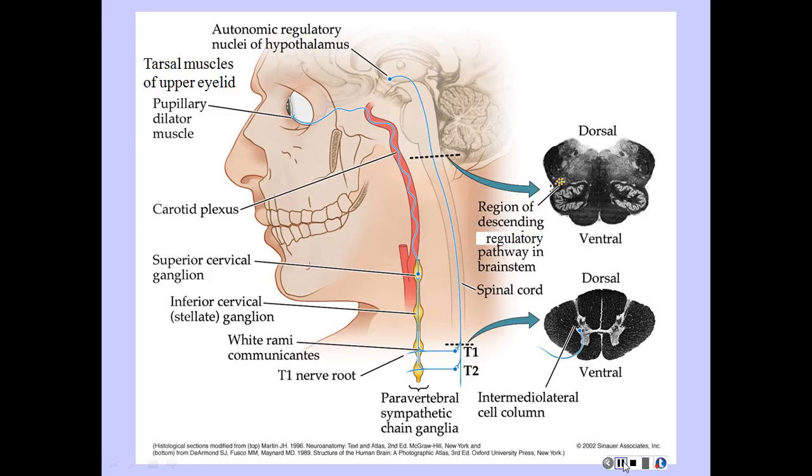That's great. But even these preganglionic sympathetic neurons are influenced by other neurons. And these other neurons are way up in the hypothalamus. And these hypothalamic axons come down, and they innervate these preganglionic sympathetic neurons.